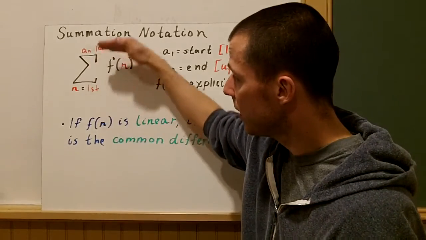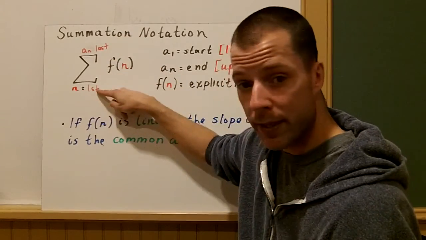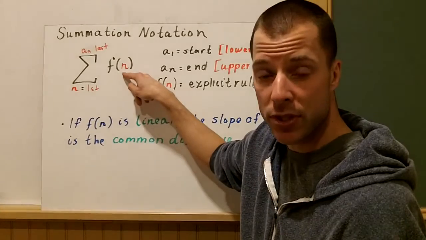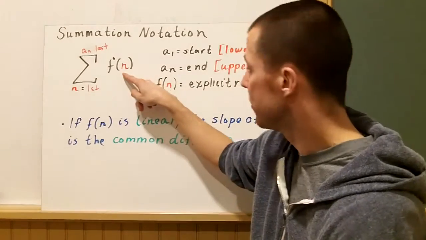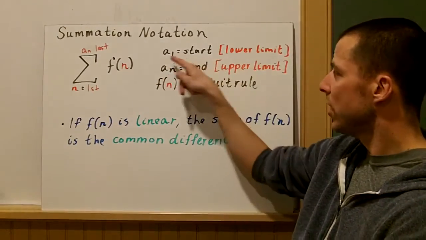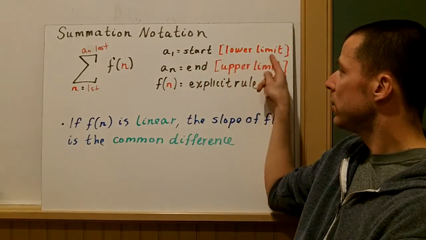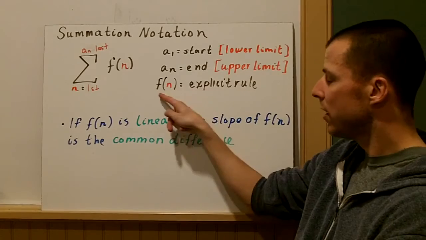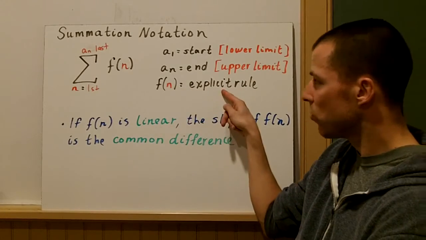So your start, your finish, your lower limit, your upper limit. F of n is an explicit rule for your series. So here we just define each. A sub 1 is where you start. That's your lower limit. A sub n is where you end, your upper limit. F of n is your explicit rule.